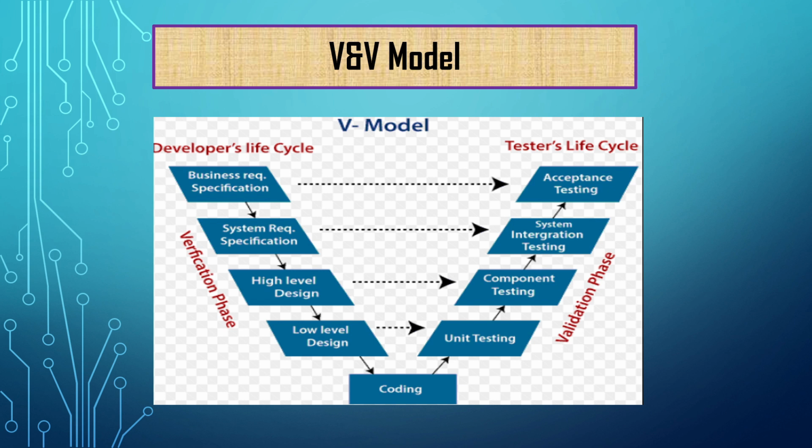The right-hand branch represents the validation, which involves ensuring that the software meets the customer's expectation.